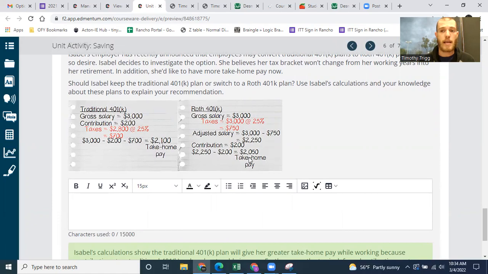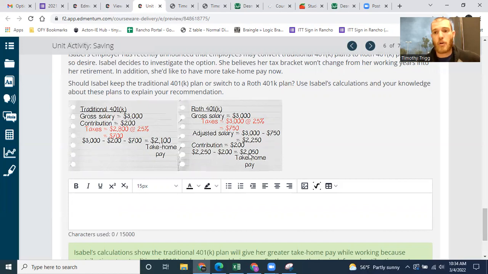With a Roth making the same contribution, her take-home pay is a little bit less. Well, that's normal because with a traditional, you get the tax benefit now. With a Roth, you get the tax benefit later when you get the money out. Okay. So yeah, with a traditional, you'll have a larger take-home pay. You have a larger paycheck.